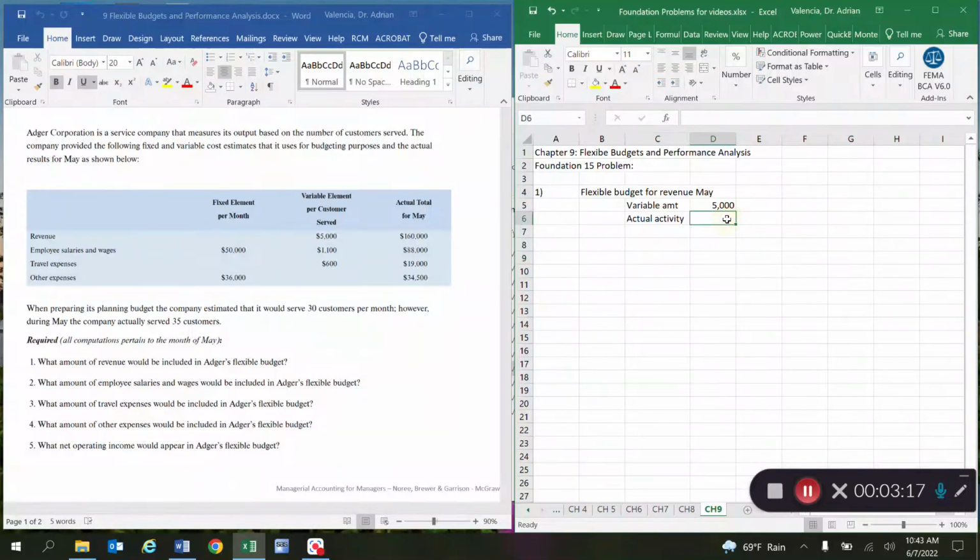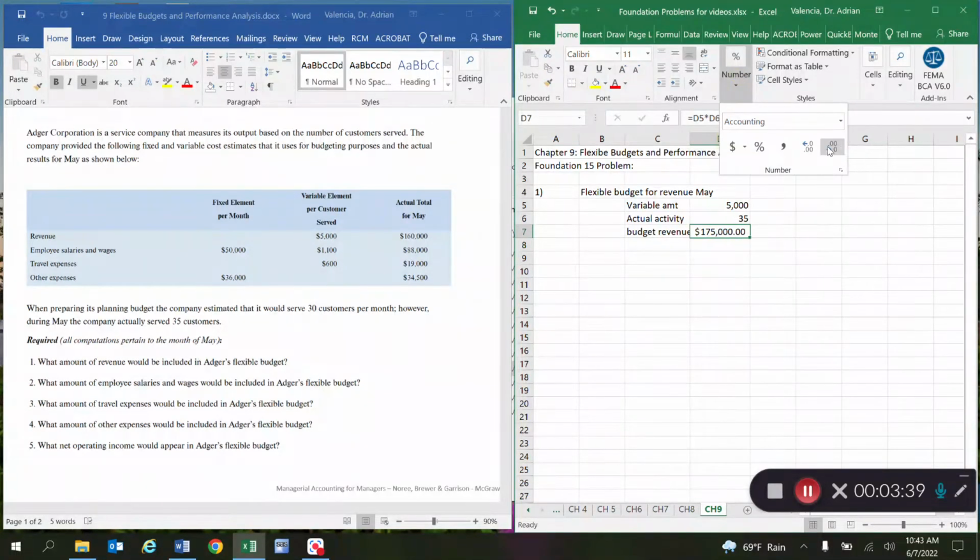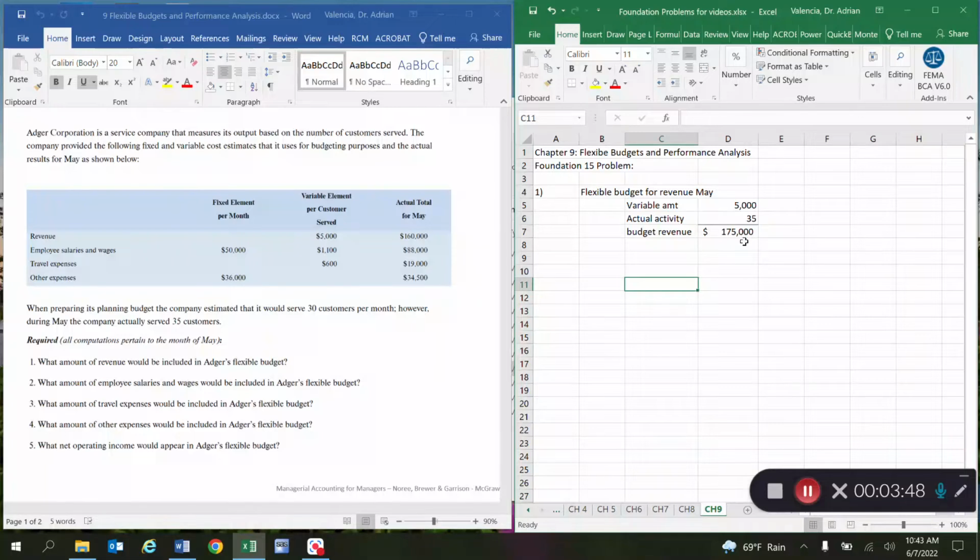Okay, so this is going to be 35, and then we'll call this budget revenue for the flexible budget. Okay, so we'll multiply this out. Put some dollar signs on this just so it looks a little better. And that's what we have. So on the flexible budget, we'll see a budgeted revenue amount of $175,000.